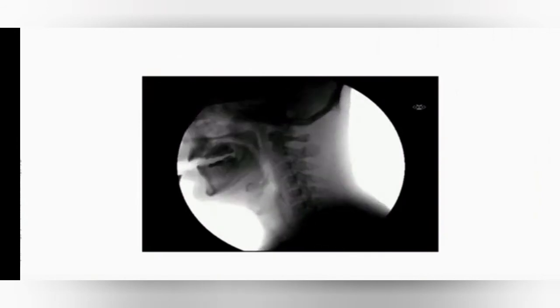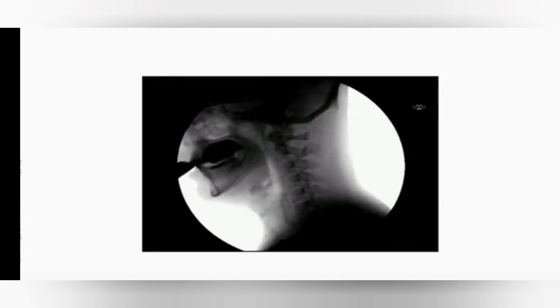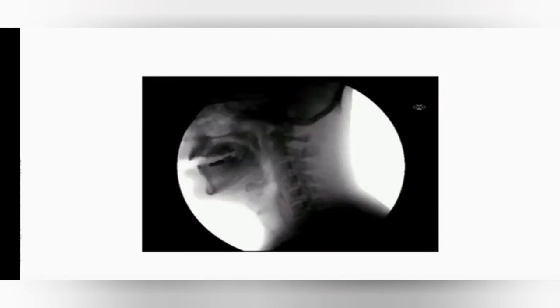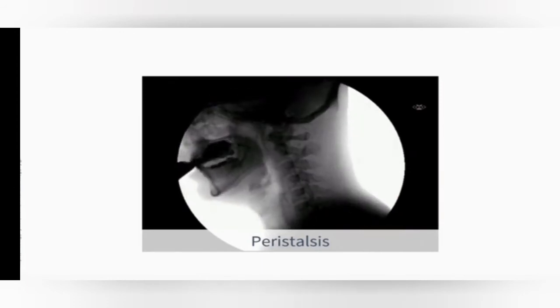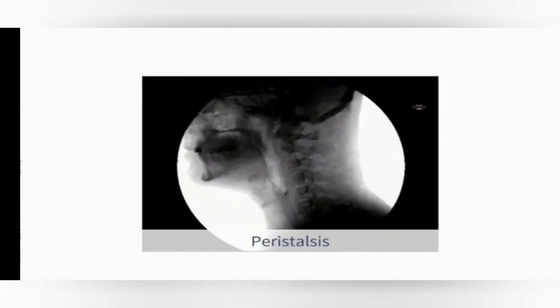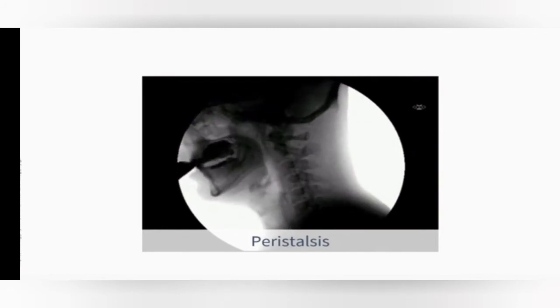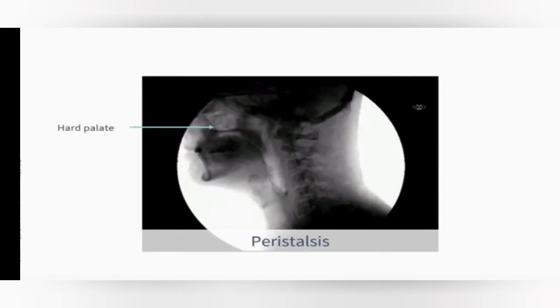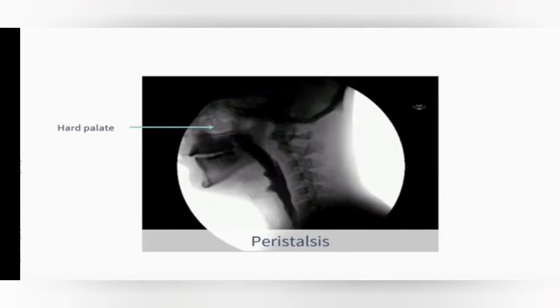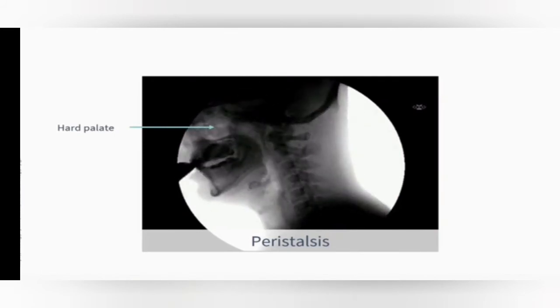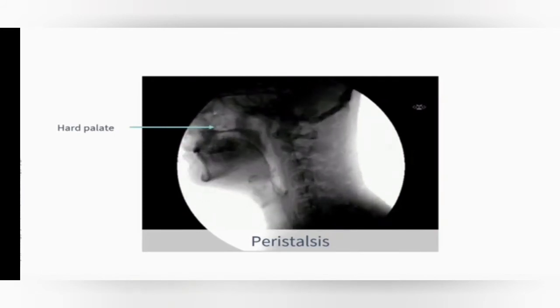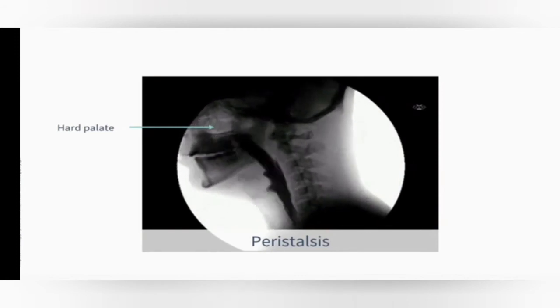The radiographic picture shows the pattern of swallowing water or a food particle. There is a peristalsis movement showing on the radiograph. This is the hard palate structure, with the arrow denoting it.